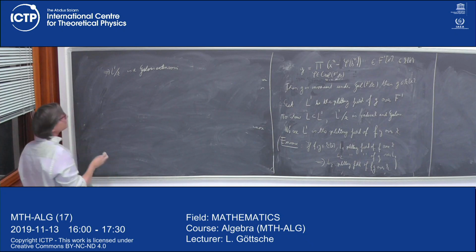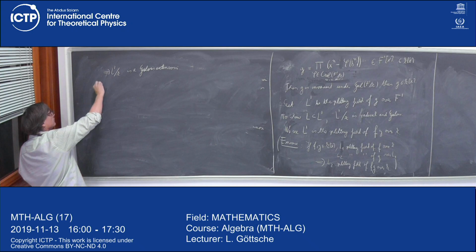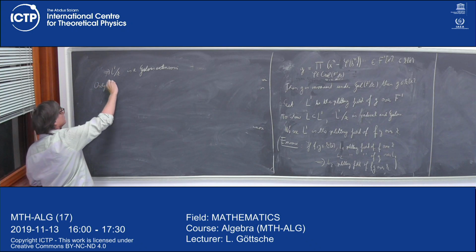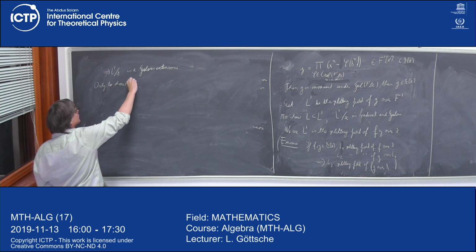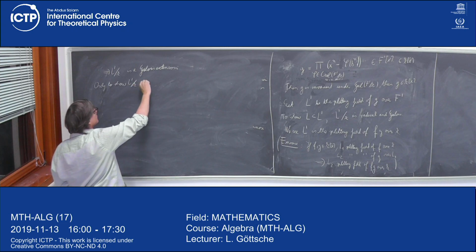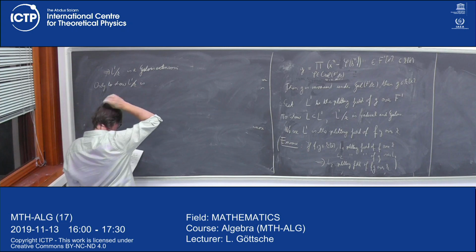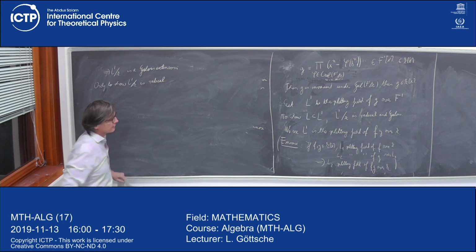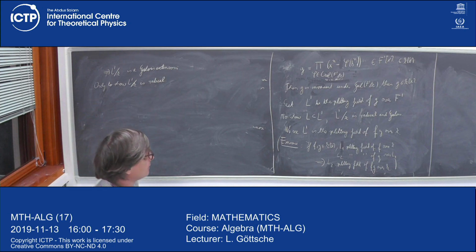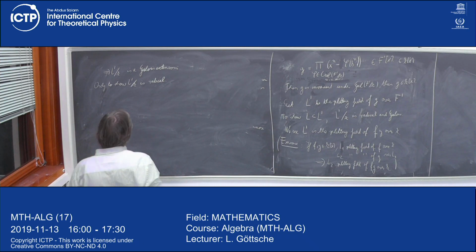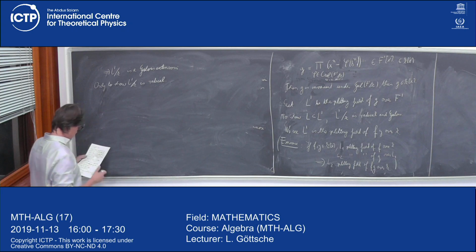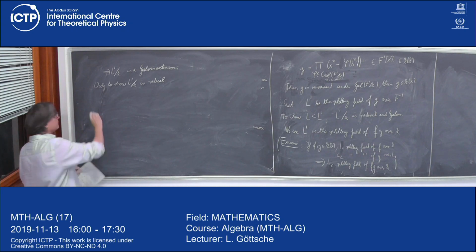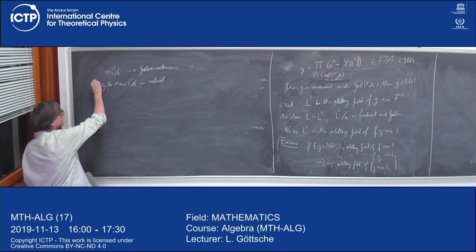So you only have to show that L prime over k is radical. Well, maybe also that L is in L prime. So first let me show that, which comes in a moment.